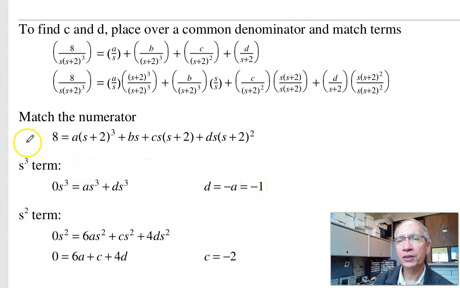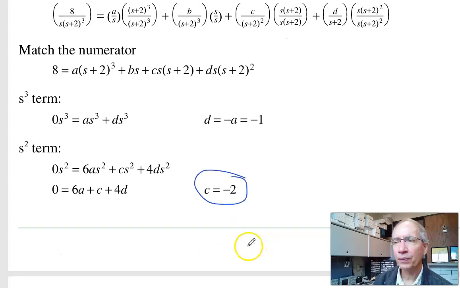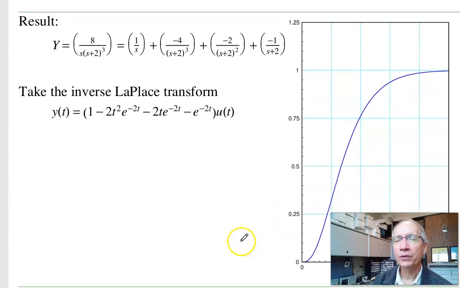Let's look at the s squared terms. 0s squared is 6as squared, nothing, cs squared, 4ds squared, multiplying it all out. This has to balance. I know a, I know d, solve for c. C is minus 2. So the result is, here's the partial fraction expansion.